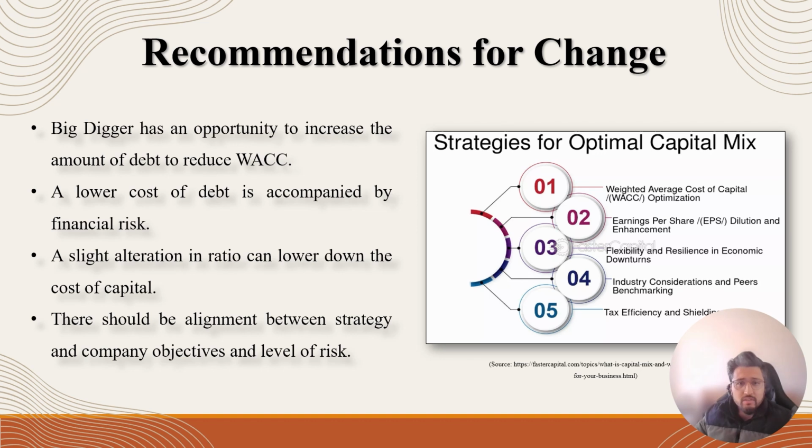But this needs to be done carefully so we don't add too much financial risk. Any changes should be aligned with the company's long-term strategy and how the market is behaving. A reasonable modification would enhance performance without negatively affecting stability.